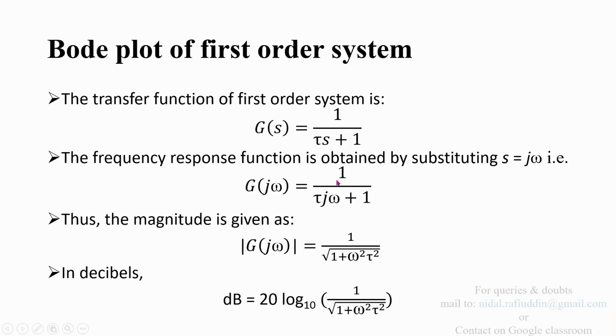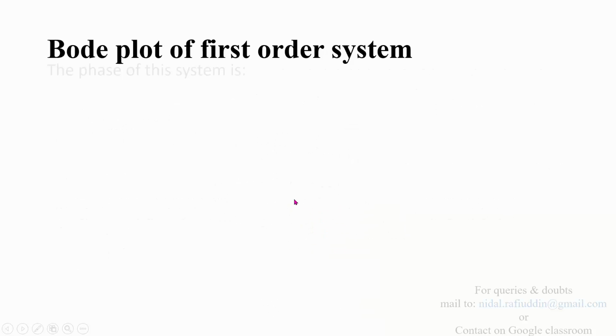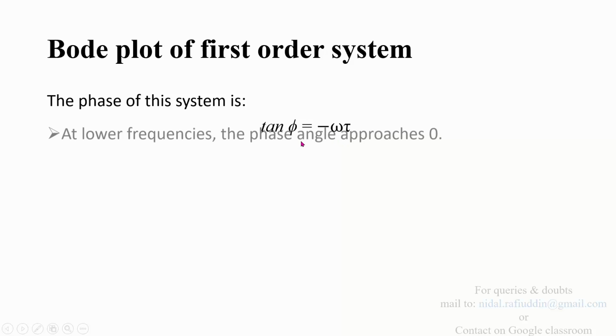So from numerator we don't have any contribution in the angle, while if you look into the denominator you have an angle contribution that will be negative because the terms are in the denominator, and that will be equal to tan inverse of tau omega by 1. Or in other words, you can say that tan phi is equal to minus omega tau upon 1.